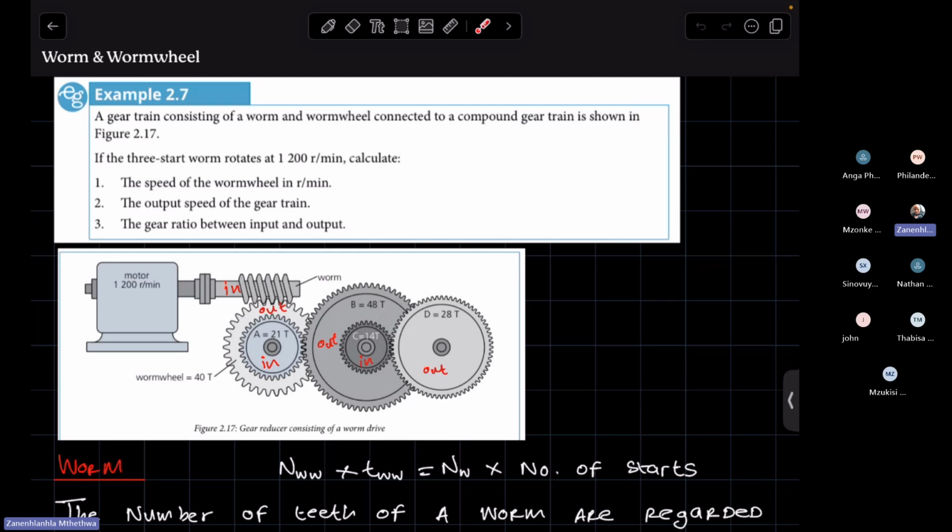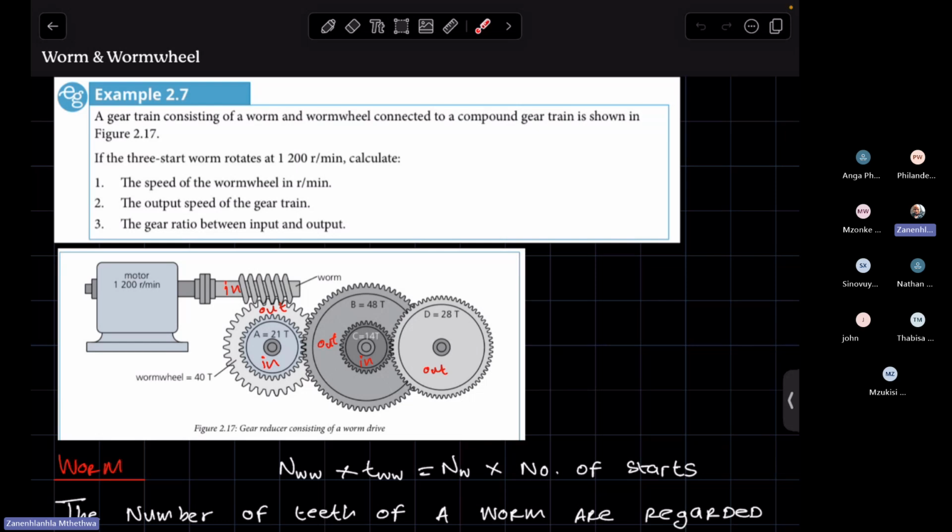Looking at the relationship between the worm and worm wheel, because they are meshing, there is a relationship between the two of them, and that relationship is one of circumferential velocity. The circumferential velocity of the worm is equal to the circumferential velocity of the worm wheel. Now, how does that look mathematically?